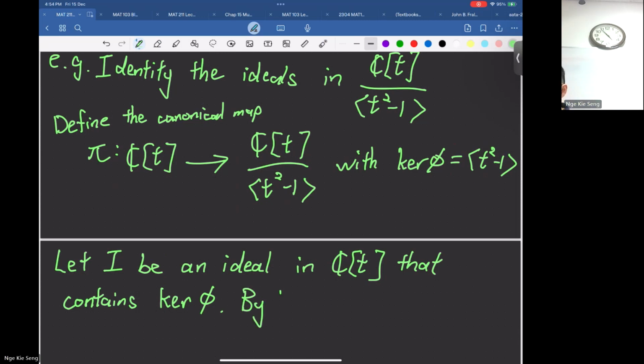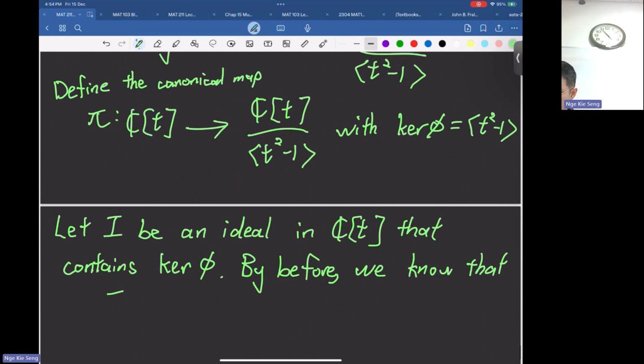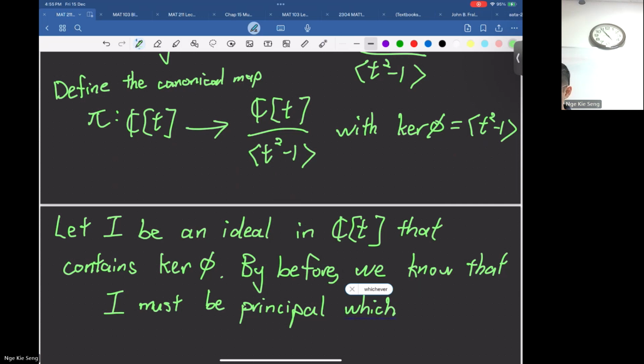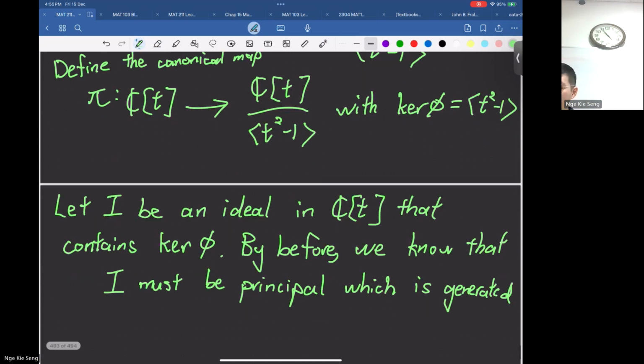Like before, we know that I must be principal. And in particular, it's generated by what? A principal ideal of the polynomial ring is generated by what?